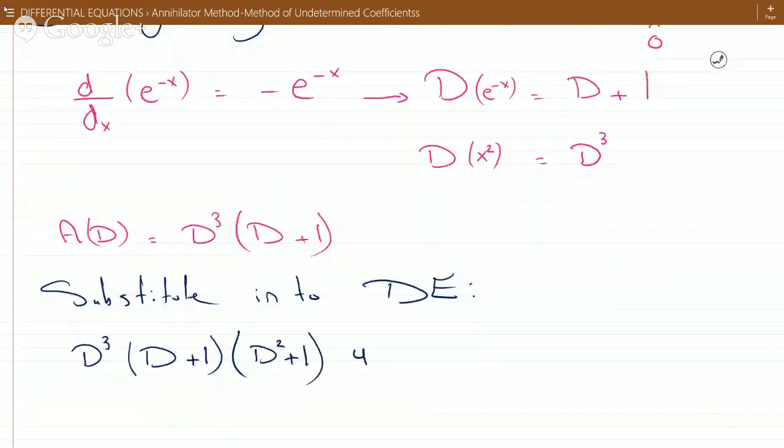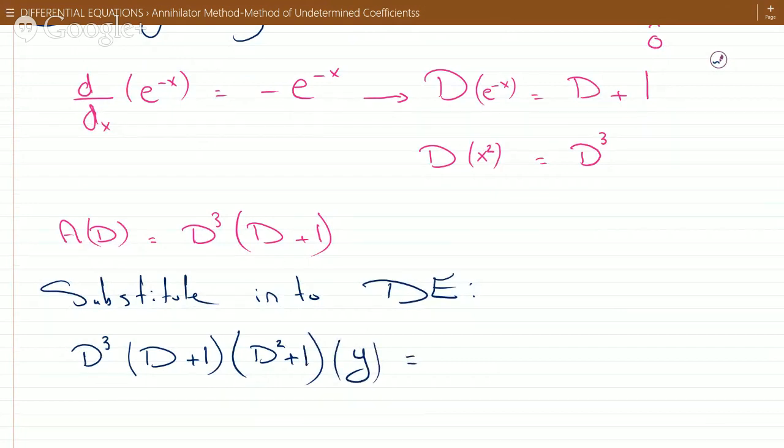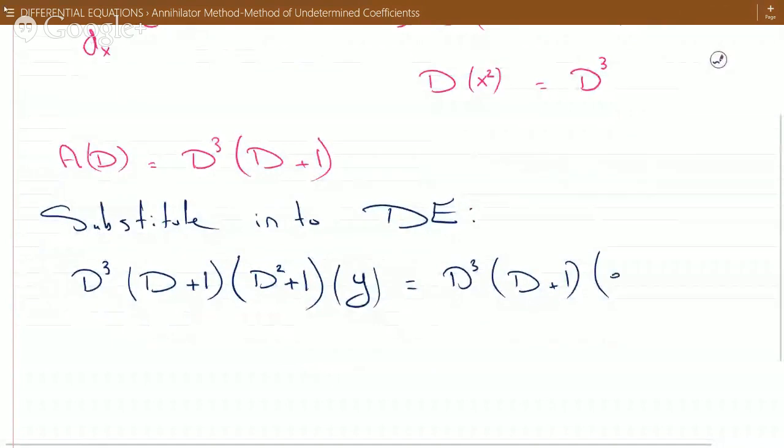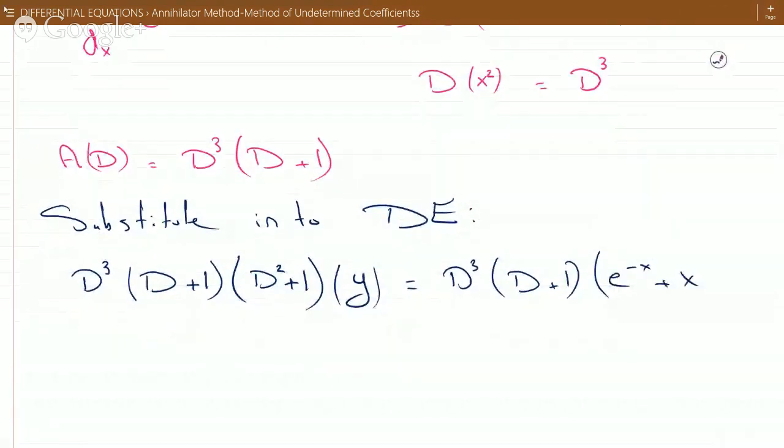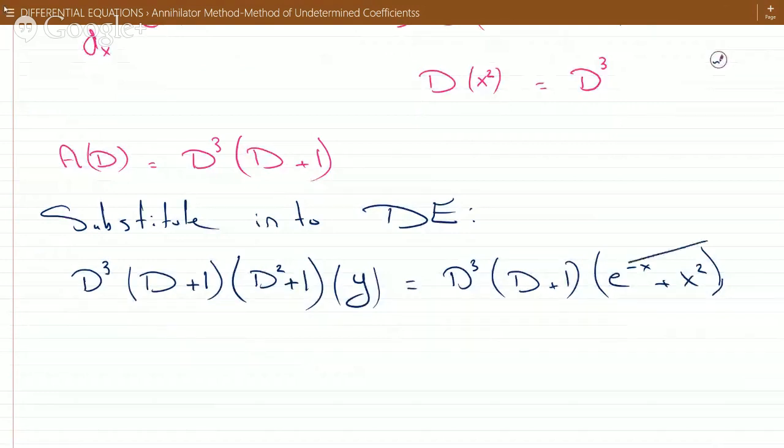And of course, I apply the same exact annihilator on the right, the one I found here: D cubed times D plus 1 applied to e to the minus x plus x squared. Now, of course, choosing the right annihilator guarantees that this will go to 0.